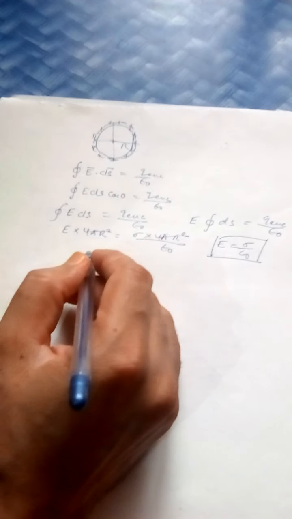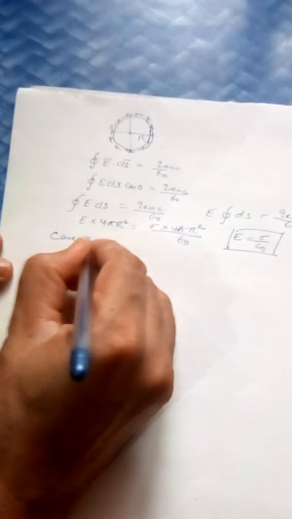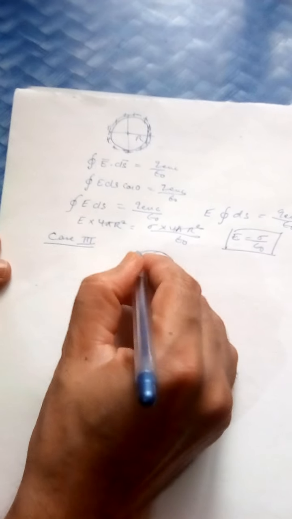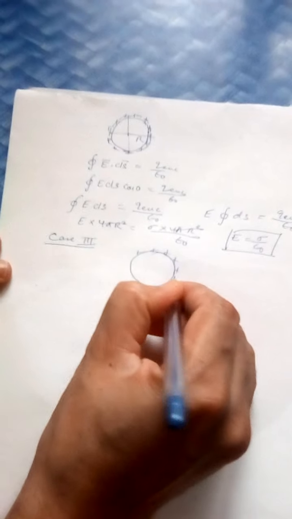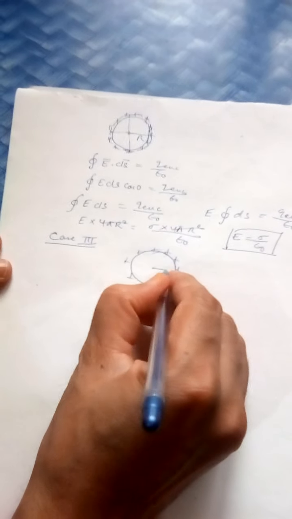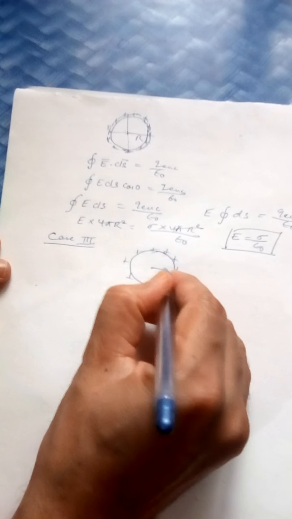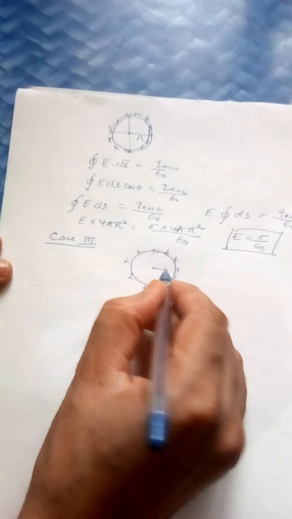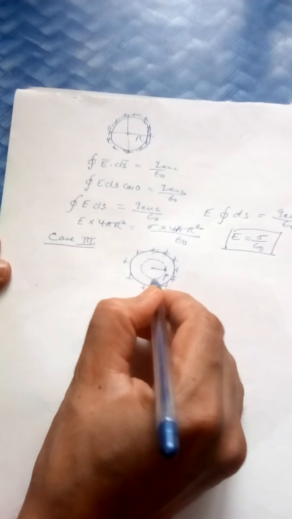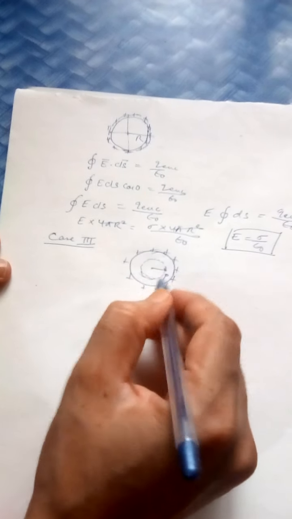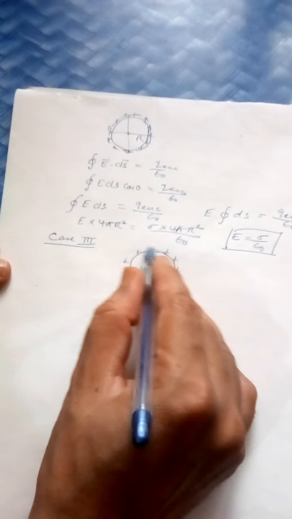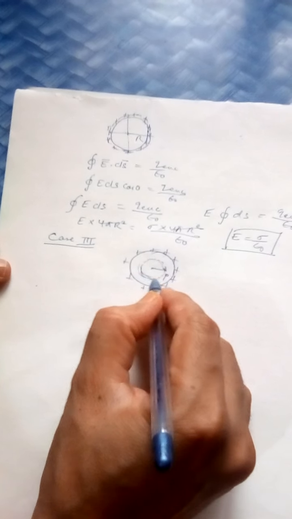Now the third case, case 3. If charge is distributed uniformly over the sphere, and in the question it is given that point P is inside the sphere, what will be the electric field? You draw the Gaussian surface through that point. You can see there is no charge inside the Gaussian surface.